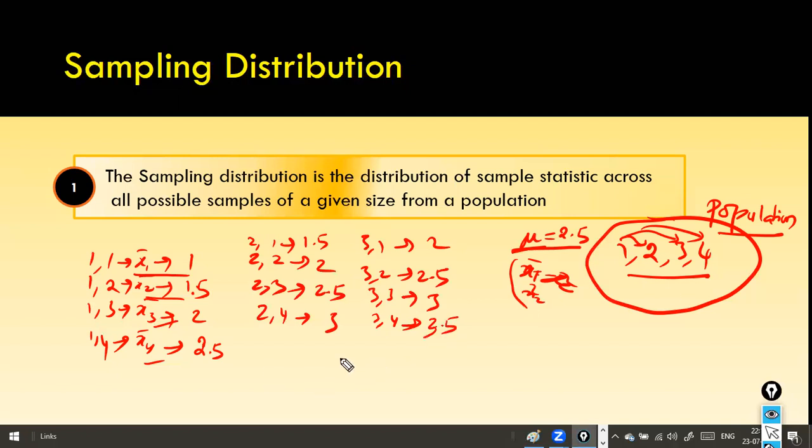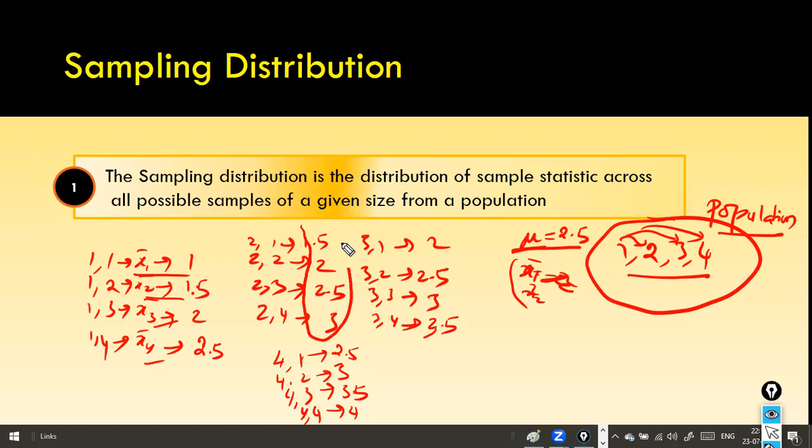And similarly for 4: 4,1; 4,2; 4,3; 4,4. The means are 2.5, 3, 3.5 and 4.